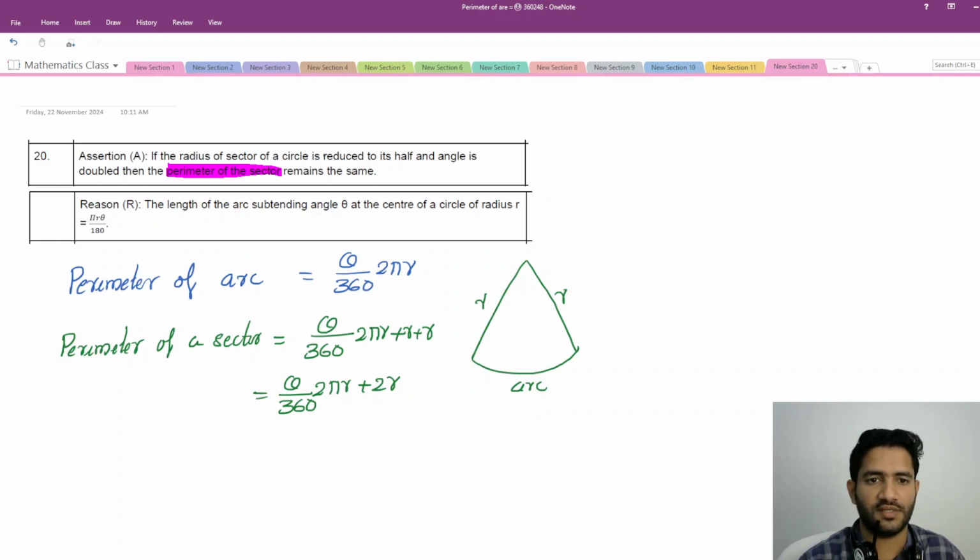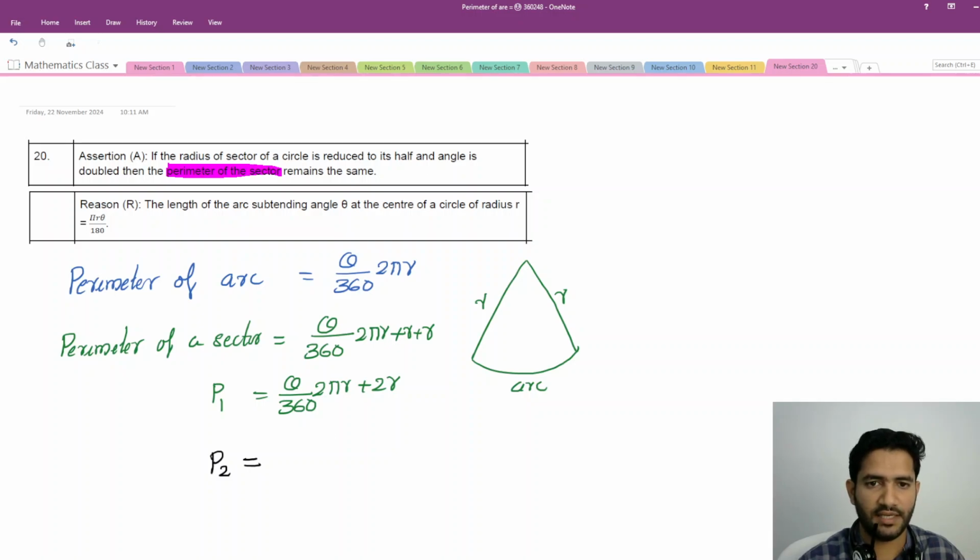Now read the question. The radius of the sector of a circle is reduced to half. Better we represent this as P1, the first perimeter. Then we write P2 as the second perimeter.